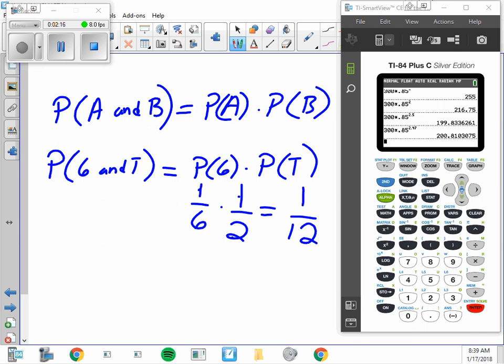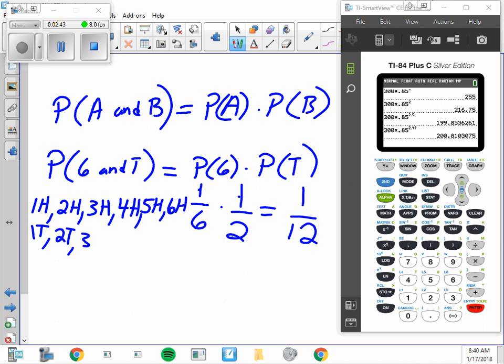Okay? Now, the other way to do it is to write them out. So I could get 1 and H, 2 and H, 3 and H, 4 and H, 5 and H, and 6 and H. What else could happen? 1 and tails, 2 and tails, 3 and tails, 4 and tails, 5 and tails, and 6 and tails.